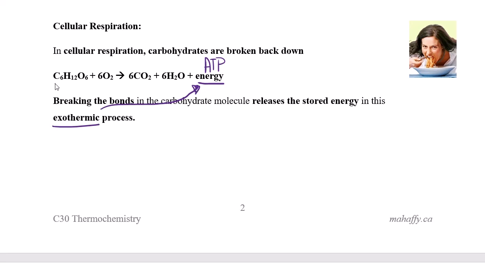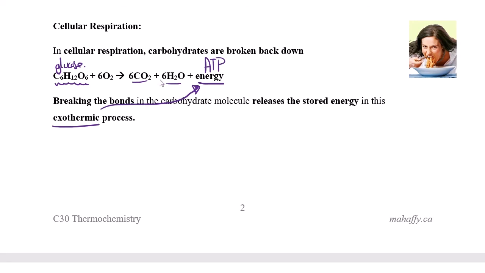And that's because we're taking this high energy glucose molecule and we're breaking it down. And as we break it into smaller molecules, carbon dioxide and water, we release that energy. And when we release that energy, then it can be used for other things in the body.